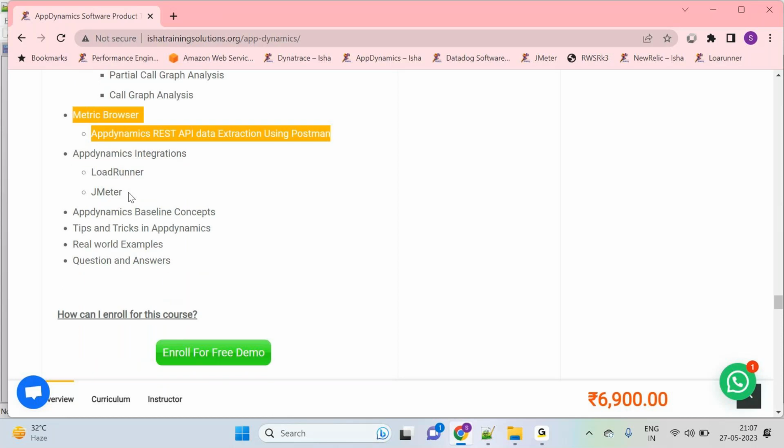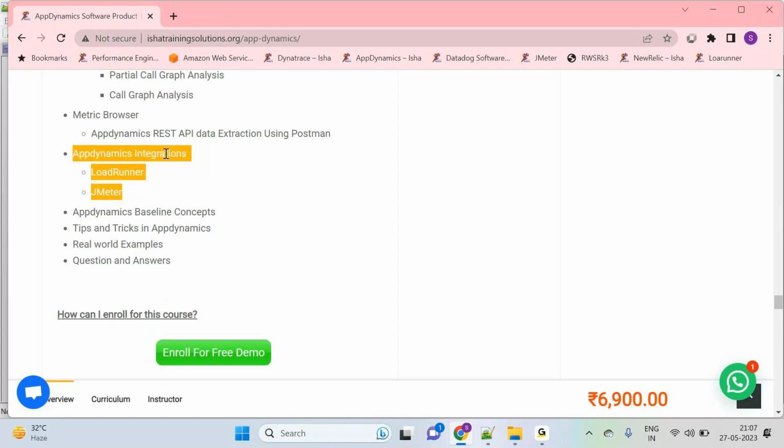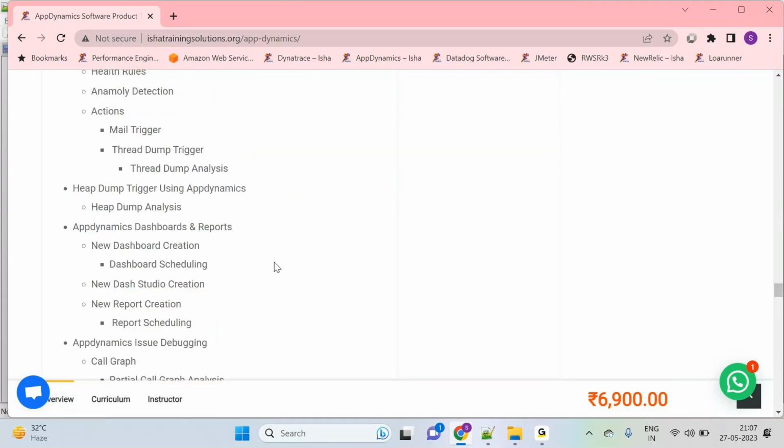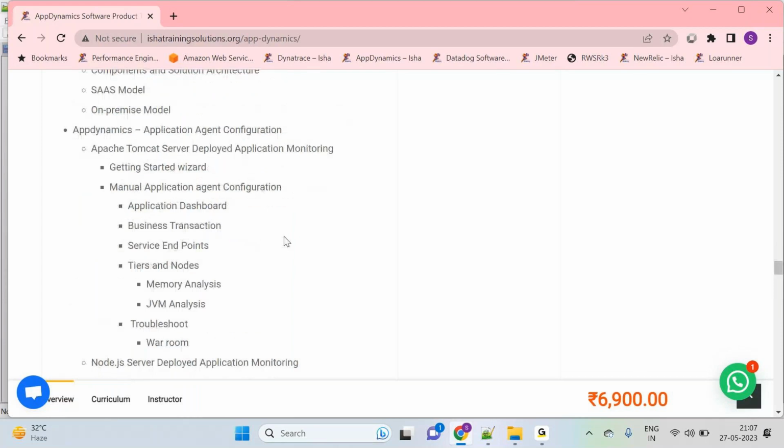And tool integration, I mean integrating LoadRunner and JMeter, and how we are going to see the LoadRunner data and JMeter data inside AppDynamics, that also we are going to discuss. And how baselining is happening in AppDynamics, and some tips and tricks, real world examples also we are going to cover, guys. So these are the topics that we are going to cover as part of this learning.